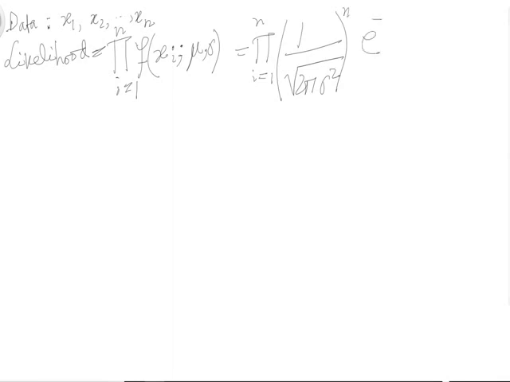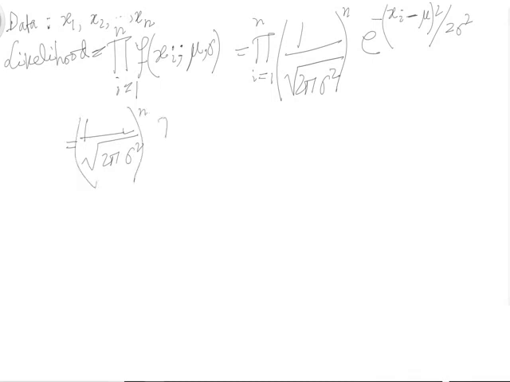We can take a product here because we assume that the observations are samples drawn independently from an identical distribution like the normal distribution. So they are independent, and that's why we can write them as a product.